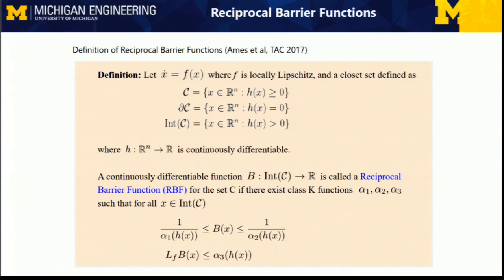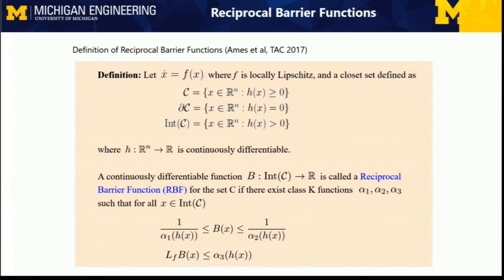Making here a quick review of the main results when it comes to barrier functions for safety. Ames and his co-authors very recently published a nice paper where they summarize all these concepts of reciprocal barrier functions. When you have a safe set or a set of state constraints, under which conditions can you call a function a reciprocal barrier function for this set?